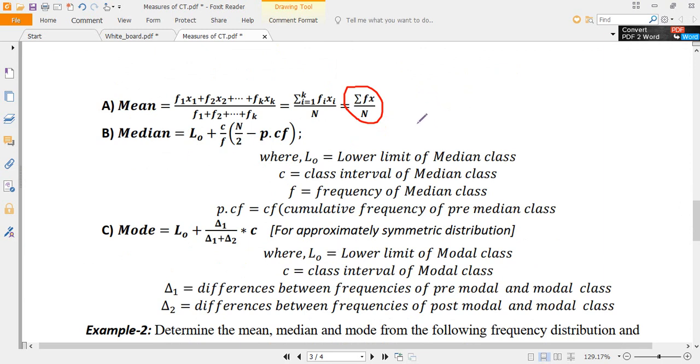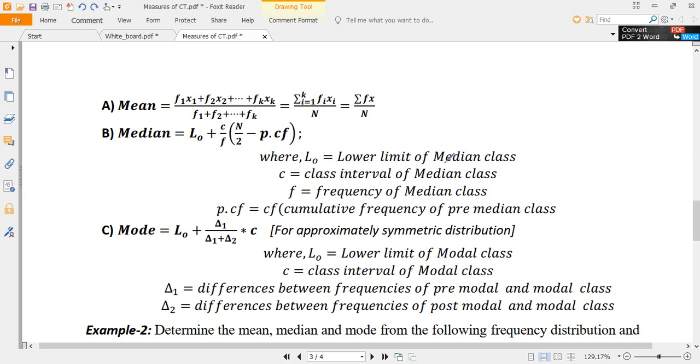While calculating the median, we first have to compute the cumulative frequency. In the lecture on frequency distribution, we learned how to compute cumulative frequency. The formula is median equals L naught plus C by F times (n by 2 minus PCF).